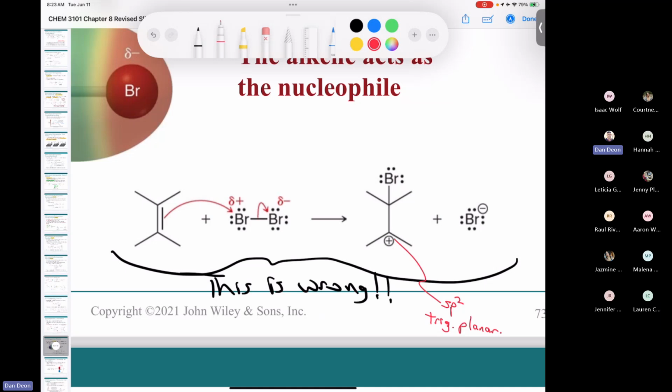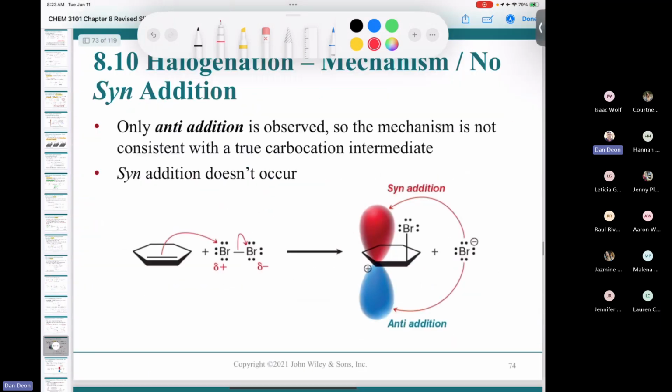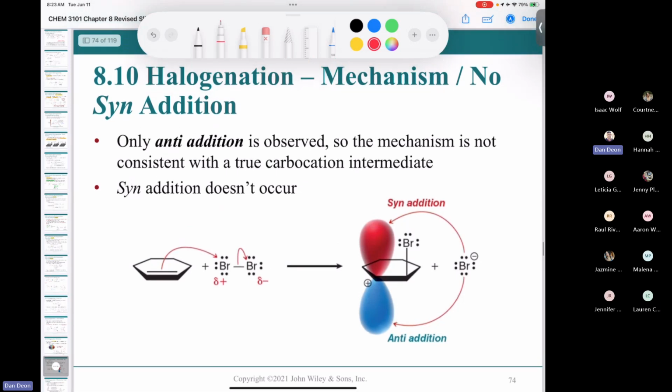If you form that carbocation, that means the bromide ion could attack from the top face of the molecule, or it could attack from the bottom face of the molecule. That way we would get a mixture of syn addition and anti-addition. But we said we didn't see any syn addition, none. We only saw anti-addition. So since we only see anti-addition, this mechanism shown here is wrong.